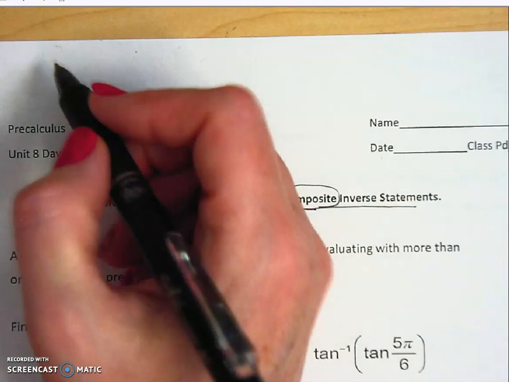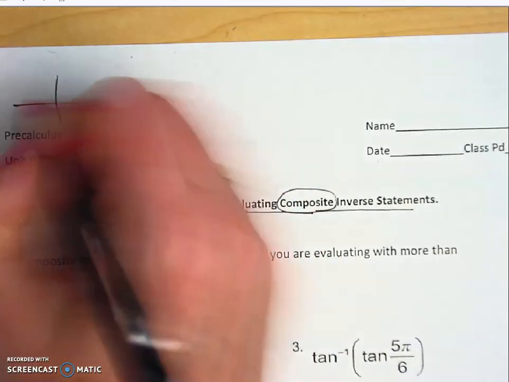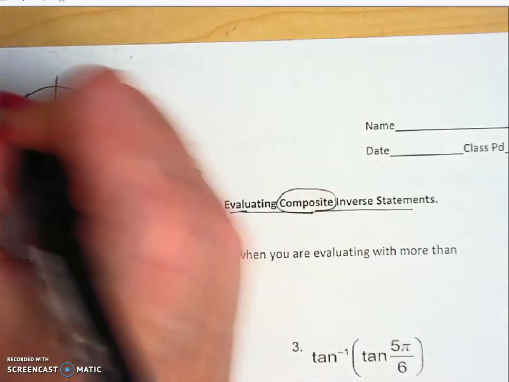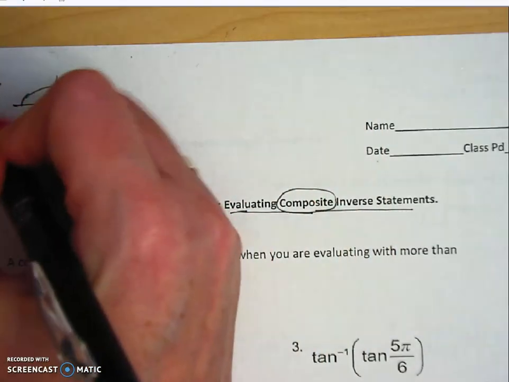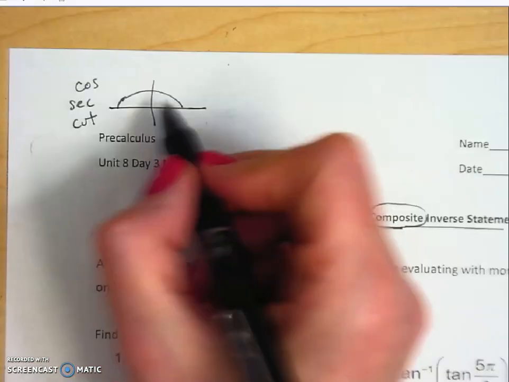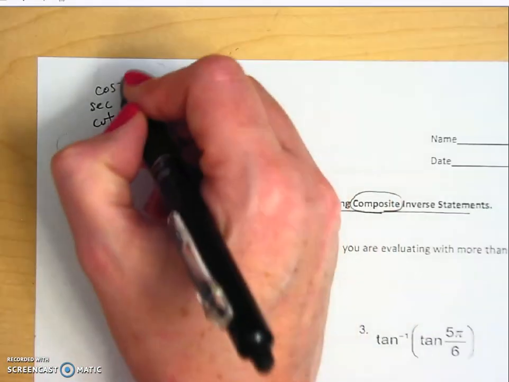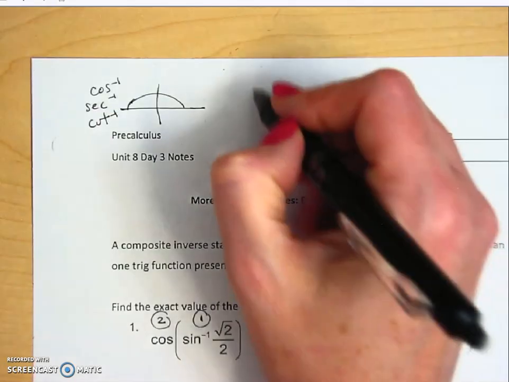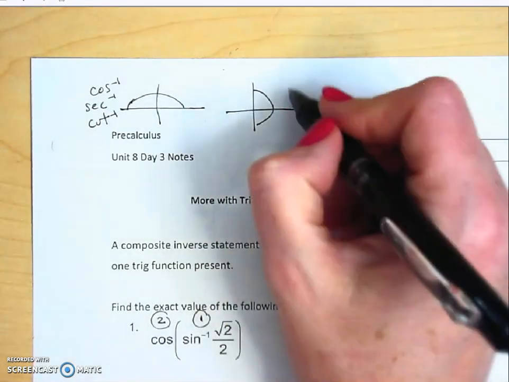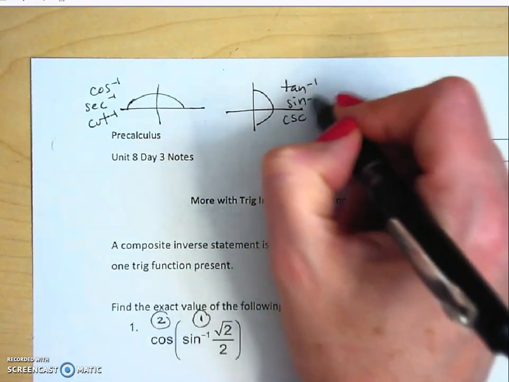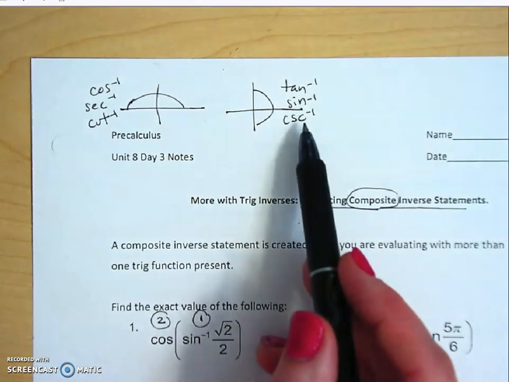And then I want you to write a few things at the top of your notes for reference. I want you to draw the domain restriction graphs for our inverse functions. These two quadrants for cosine, secant, and cotangent inverse functions. And then these two quadrants for tan, sine, and cosecant inverse functions.